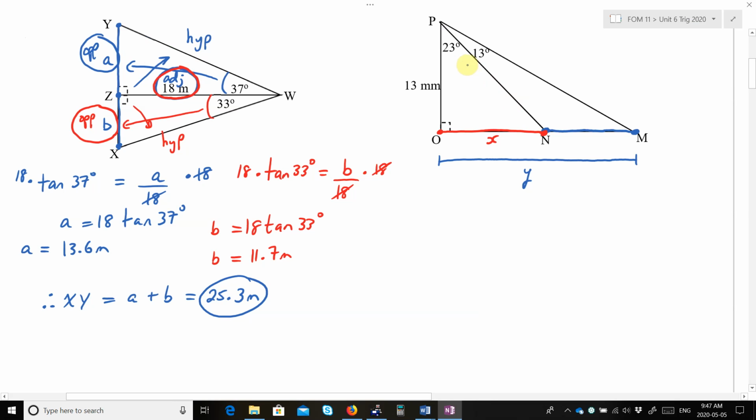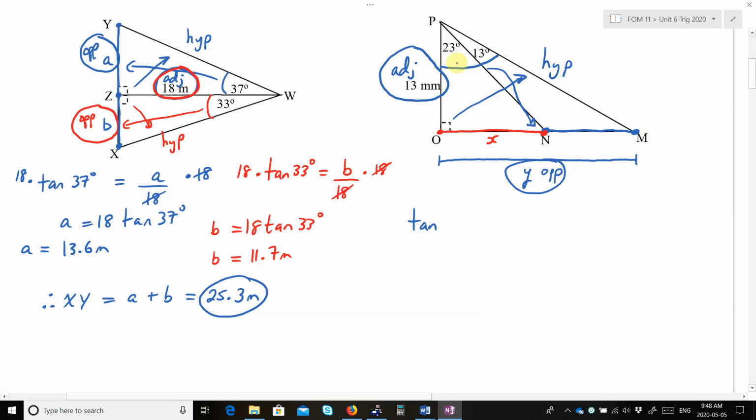To get Y, first of all, Y is part of the whole big triangle, which is made up of this whole big angle right here, 23 plus 13. So there's the angle, and straight across from the angle is the opposite side. So this is the opposite. Across from the 90 is the hypotenuse, and so this is the adjacent here. Again, I'm looking for opposite, and I have adjacent, so that's tan.